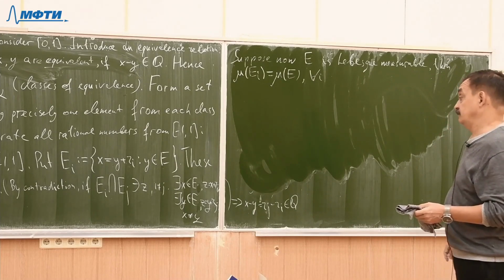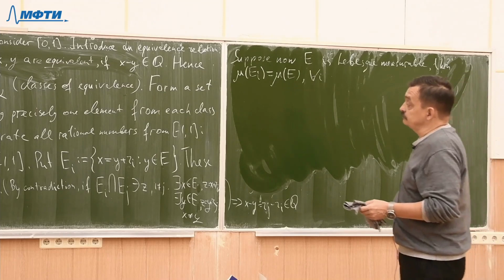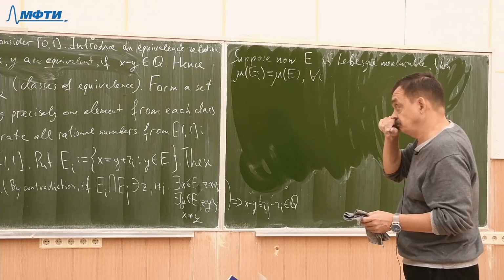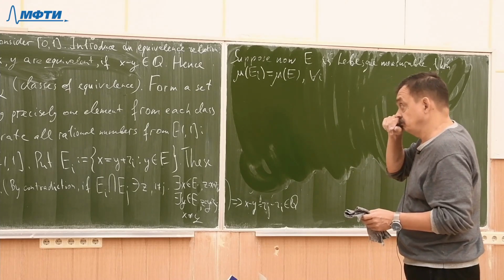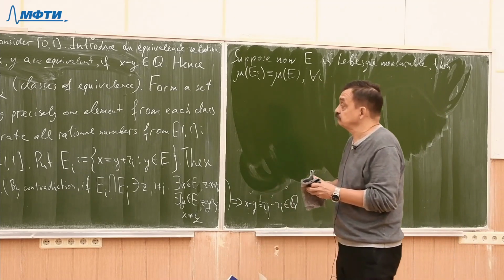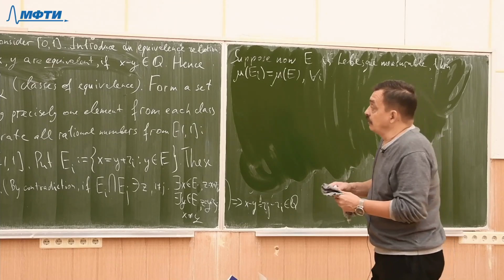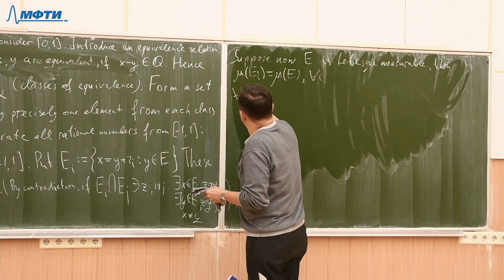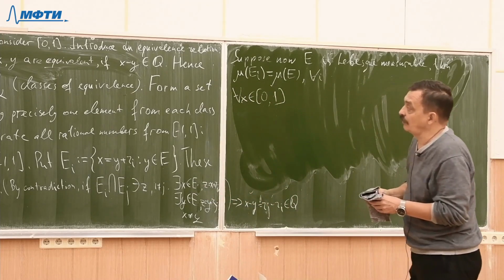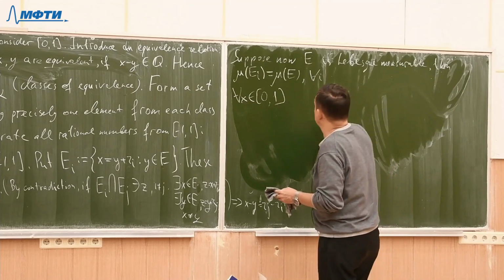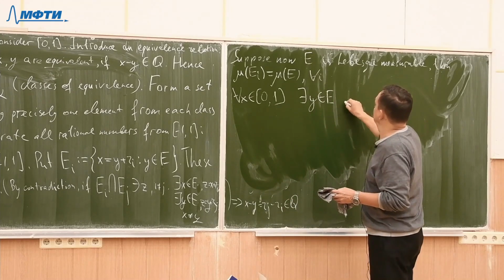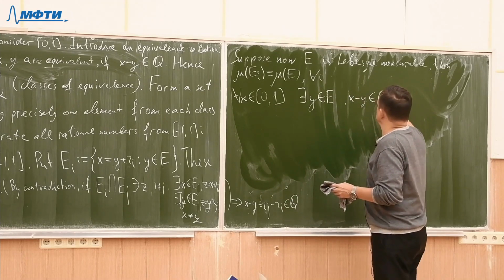And now, look. For every X in [0,1], there is Y in E such that X minus Y is rational.